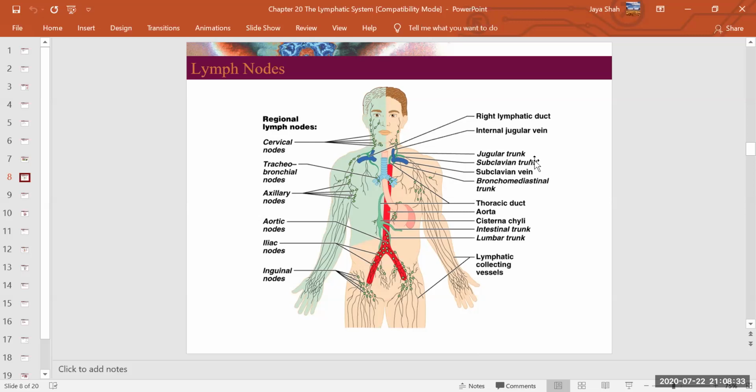So all trunks are bilateral, like the jugular trunk, both sides, but there is one trunk called the intestinal trunk, and that is only one. And this intestinal trunk has certain features. It carries lymph from the lumbar trunk and the intestinal area from the small intestine. And you see the intestinal trunk then joins and forms the large duct.